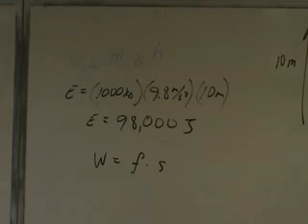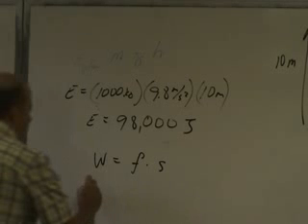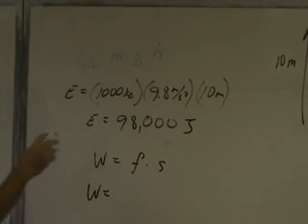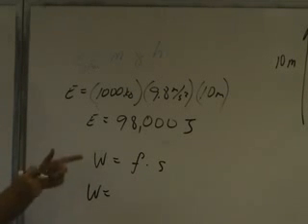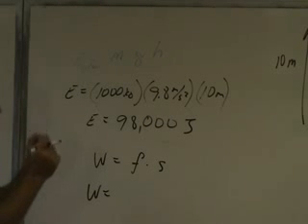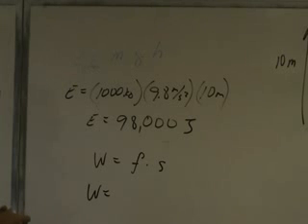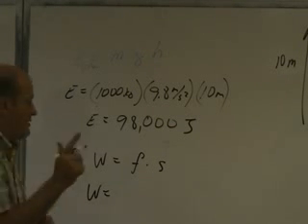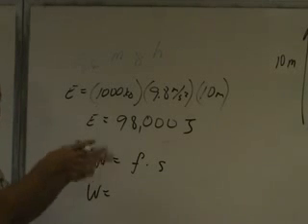Okay, so we can work this problem the same way. Our work is our force. Force is, in this case, what is the force that you have to push up? What is that force equal to? 1,000 kilograms? Nope, that's mass. If you write forces, in this case, the force is actually the weight.